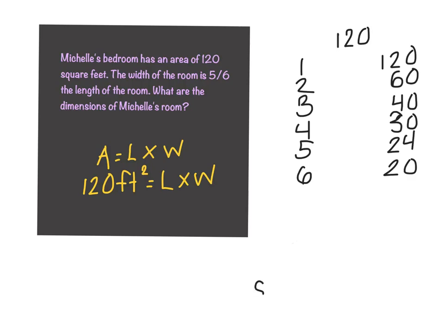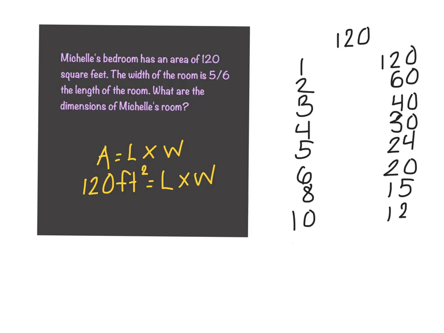Sometimes I just have to check. 8 and 15. 9 into 120? Nope. 10 into 120. 10 times 12. And then I'm done, because it goes right back up the other side.